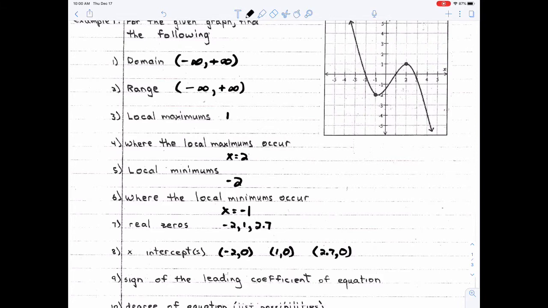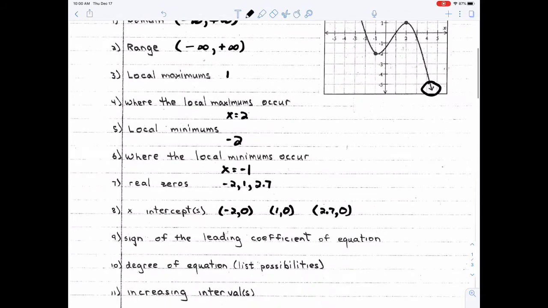Remember what you do? The leading coefficient, you look at the right extreme. So the right extreme here is going down. So therefore, it's going to be negative.